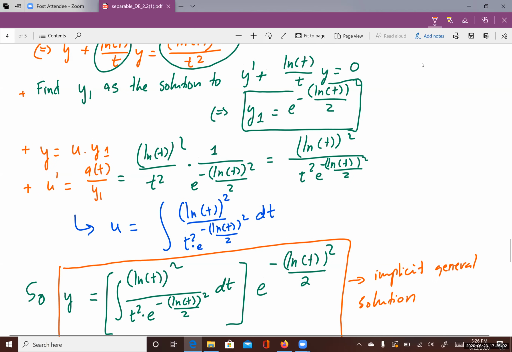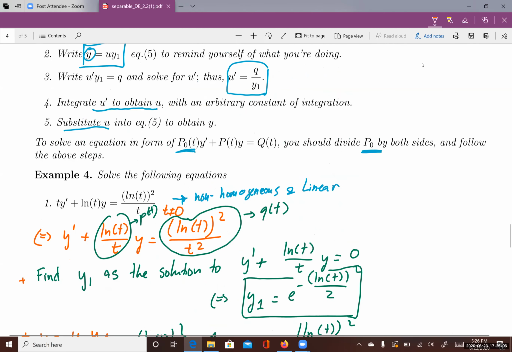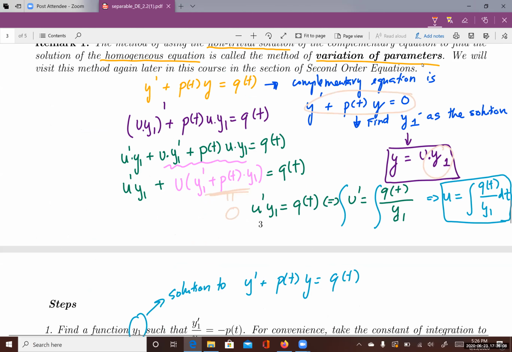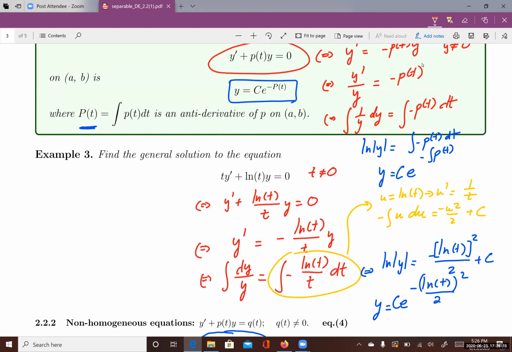All right, this is how you solve a homogeneous differential equation, right? If it's in the form of a linear first order homogeneous differential equation, you can use either this formula to find the solution, or you can just use separable equations.